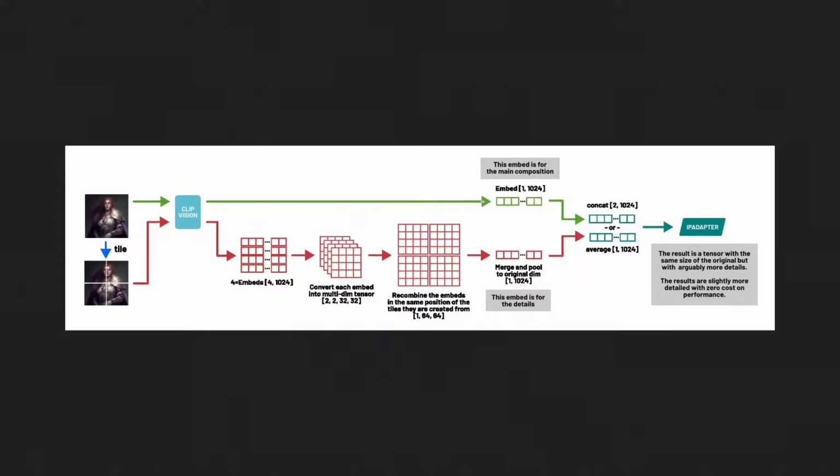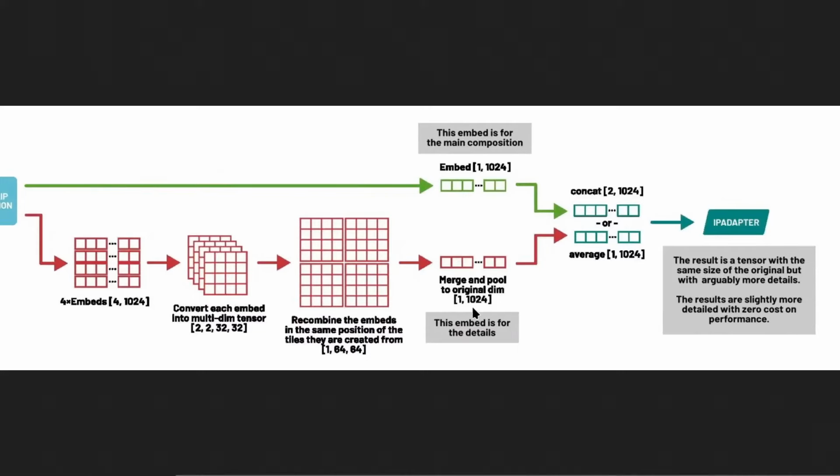So basically, I have one embed for the whole image that gives me the composition, and one embed that gives me the details. Now, in this case, there are multiple sizes of the embeds. This is 1024.